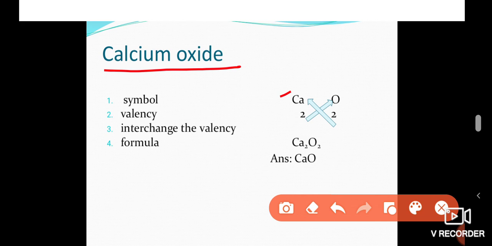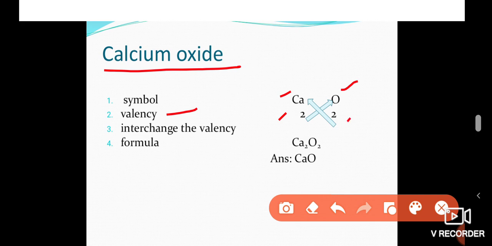Symbol for oxygen is O. Don't confuse with oxide or whatever. Just write the symbol of the atom. And write the valency. What is the valency of calcium? 2. Like that the valency of the oxygen is also 2.